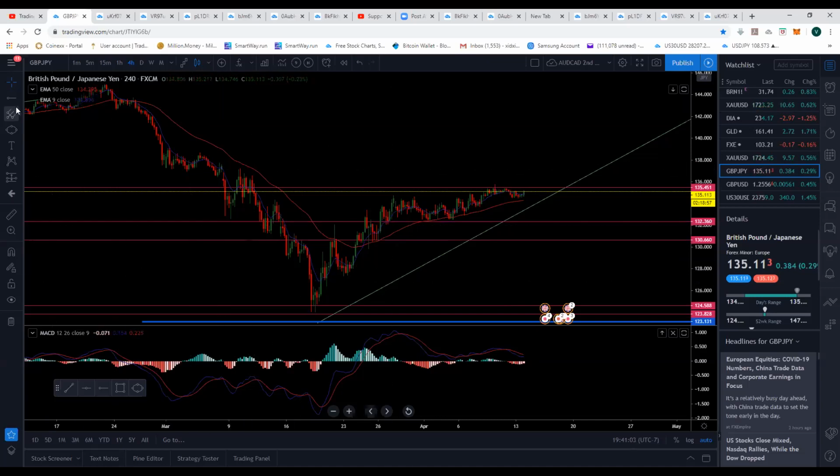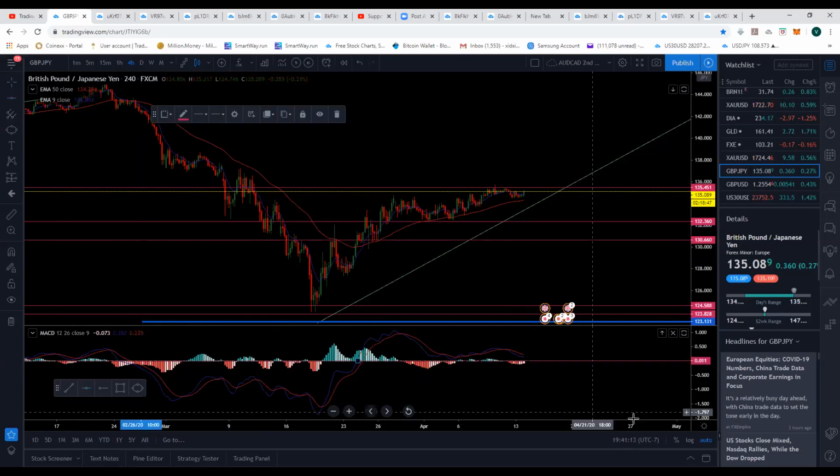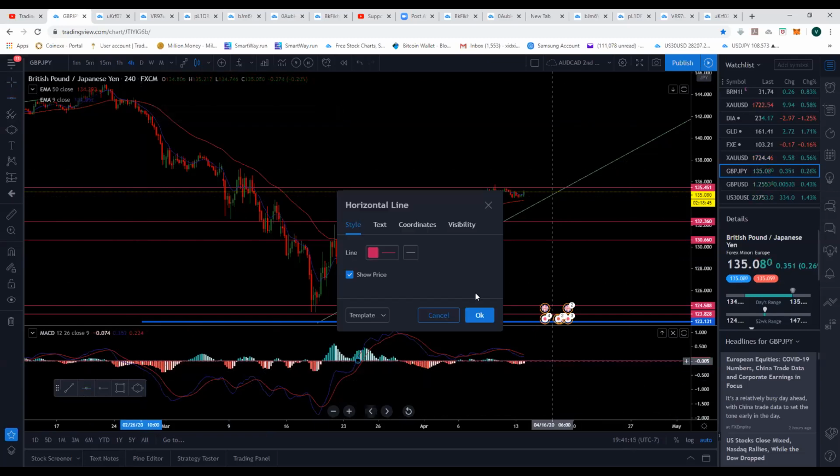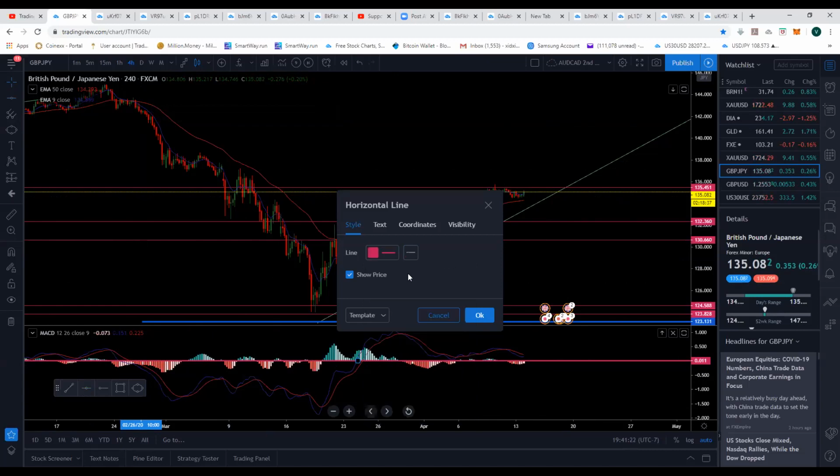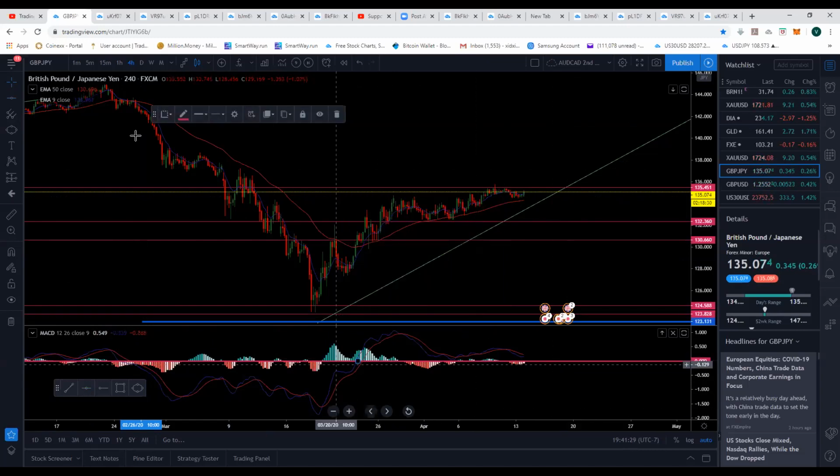So basically, there is your zero line. So we're waiting for price to cross that zero line to show us how the market's going to move.